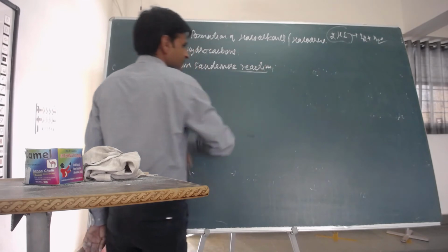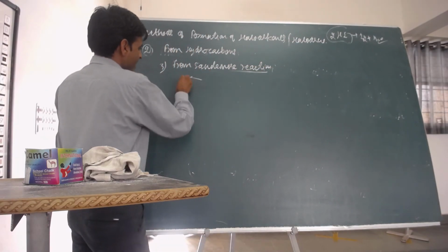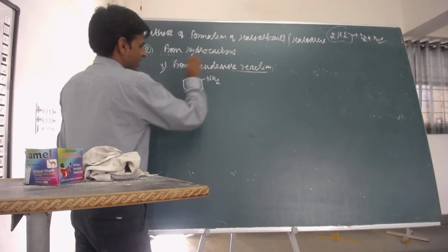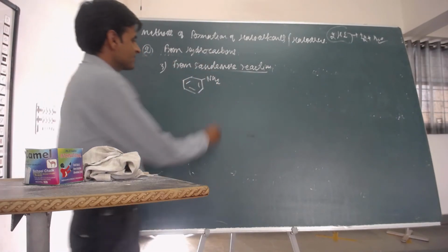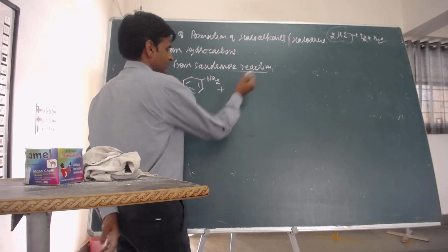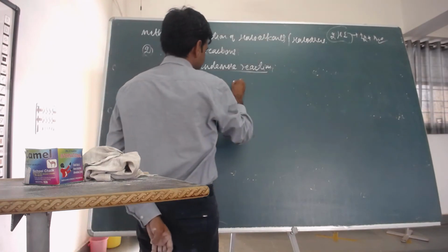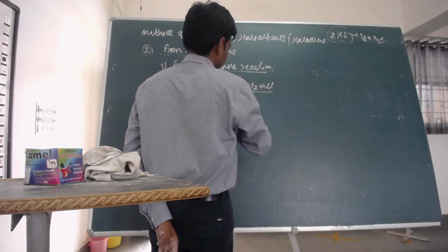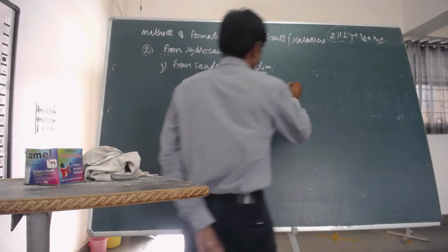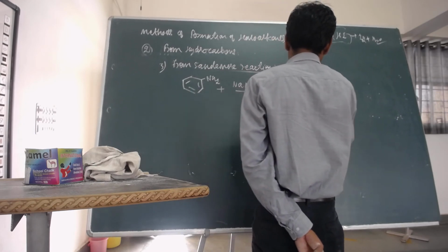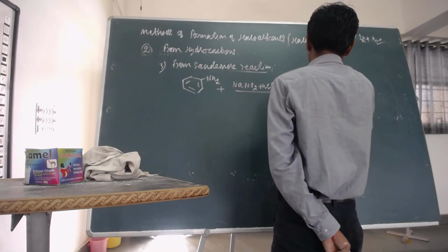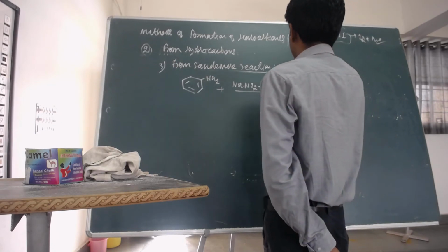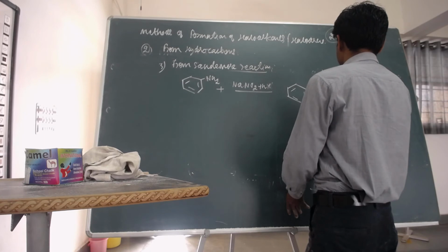What is the Sandmeyer reaction? When a primary aromatic amine is treated with sodium nitrite plus HCl, then we obtain a salt named diazonium salt.